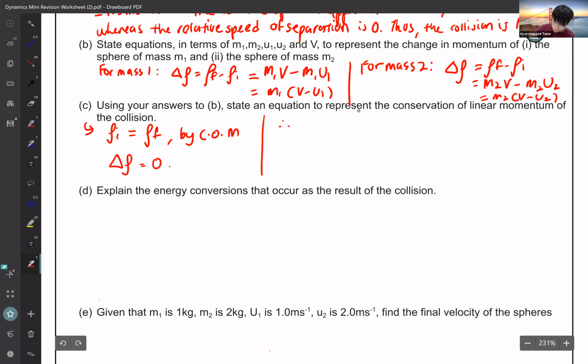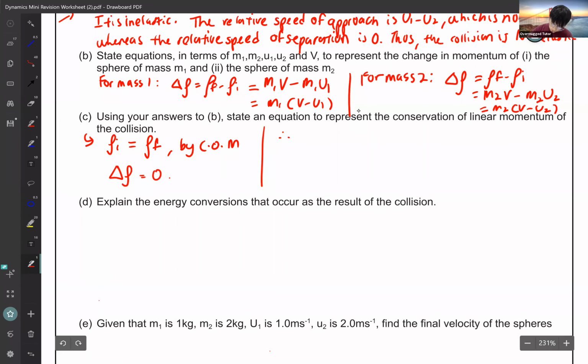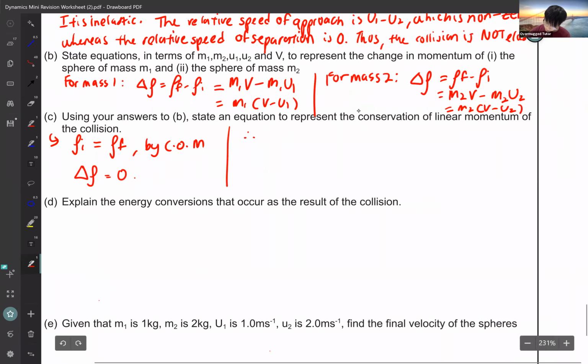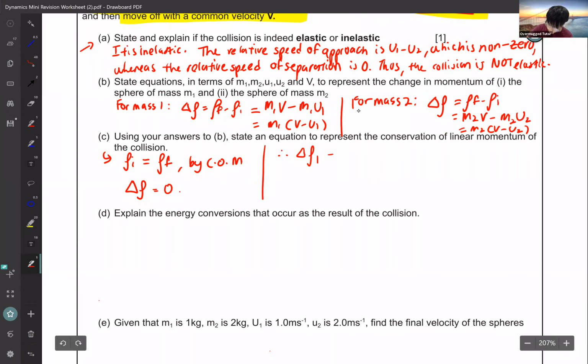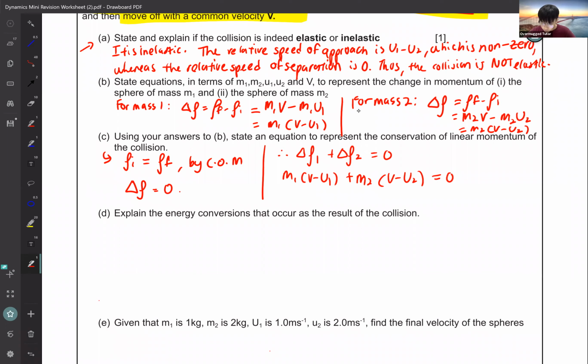Therefore, you'll just write change in momentum of 1 plus change in momentum of 2 should add up to 0. That means M1(V minus U1) plus M2(V minus U2) is 0. So when you find the two changes in momentum, you add them together, and the overall change in momentum is 0.